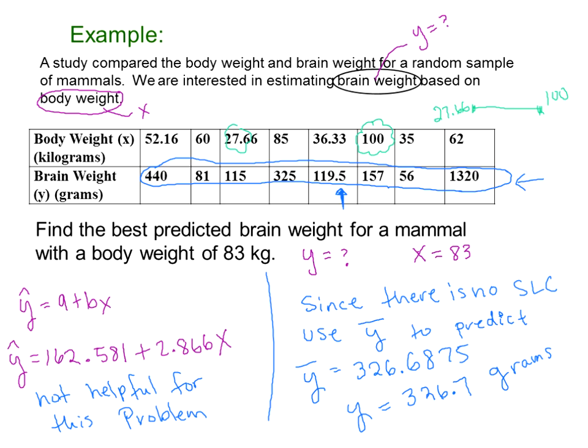I could not make a prediction for when X is 200 or when X is 20 because those are outside the scope of my data. So anything that's 27.66 to 100 is okay. We can make predictions for those values of X.